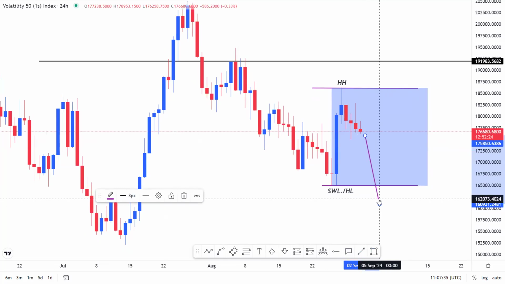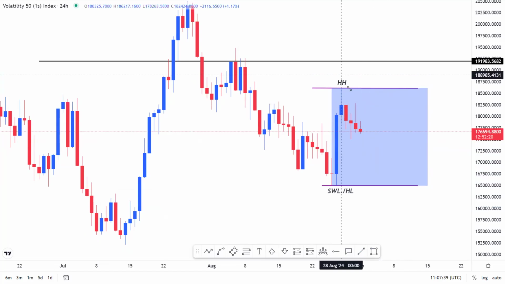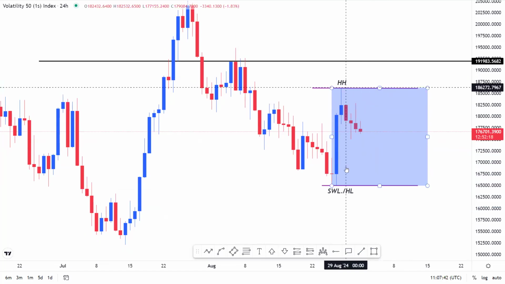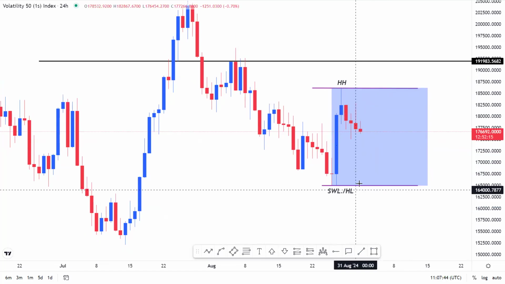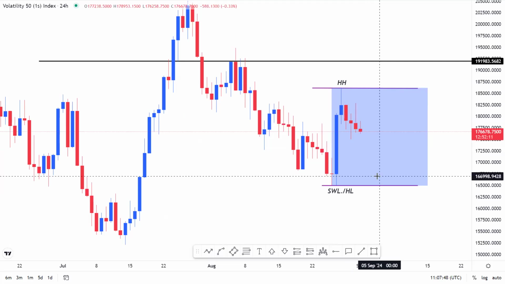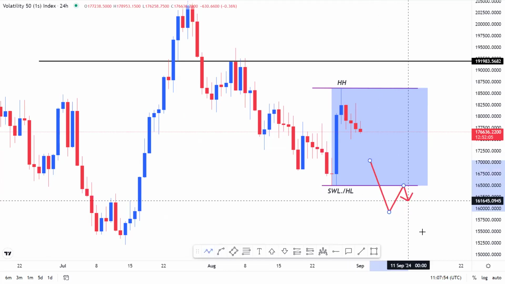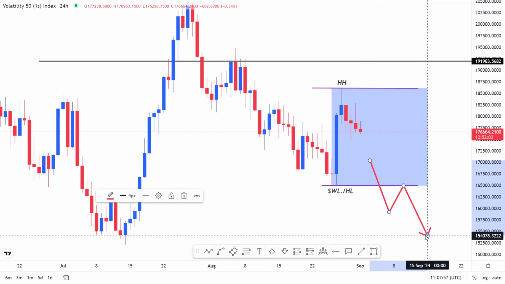So for as long as price keeps trading within this price range, within the most recent swing high and the most recent swing low, I am only going to be looking to buy Volatility 51S index. Only once price breaks out of this range would my bias for Volatility 51S index change from bullish to bearish, from buying to selling.